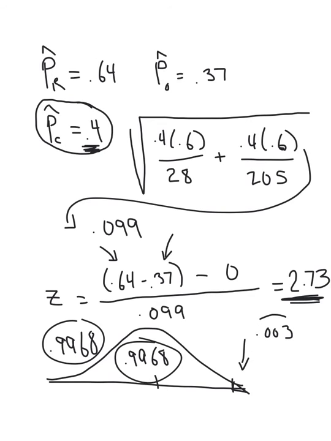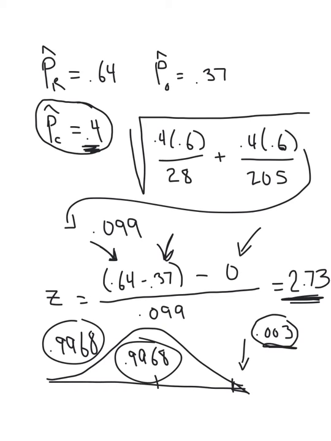0.003. What we're saying is, if it's true that there's no difference between red cars and other cars, the fact that we got these two proportions so different would happen only 3 out of 1,000 times. Okay, so what's our conclusion?